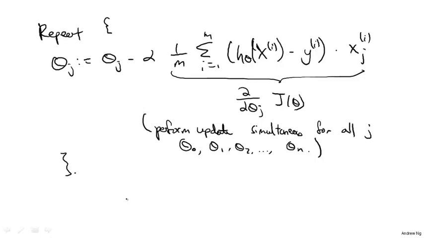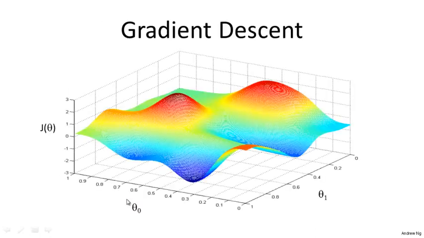When I explained gradient descent, we saw this picture, and we saw that depending on where you initialize gradient descent, it can converge to different local optima. It turns out, fortunately, that when you look at the cost function J of theta for linear regression, this turns out not to be the case.